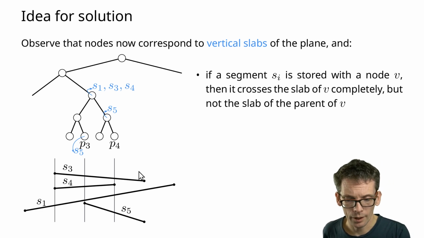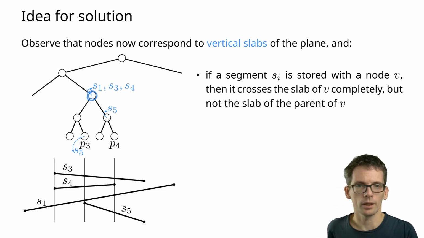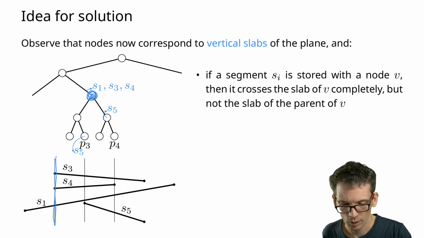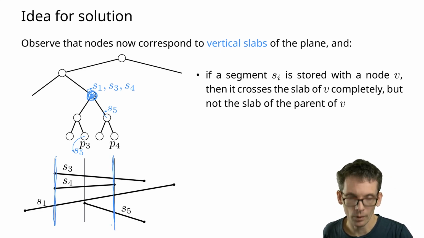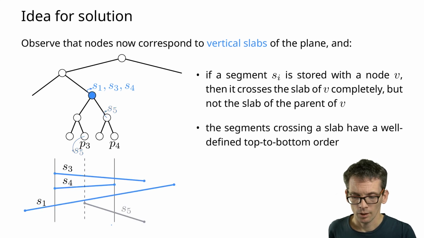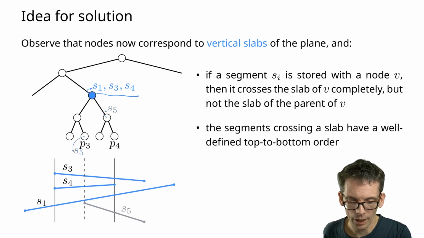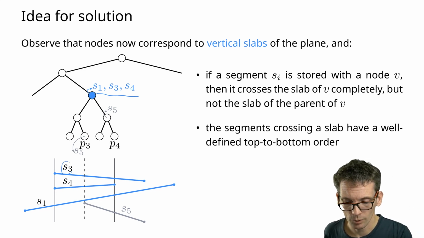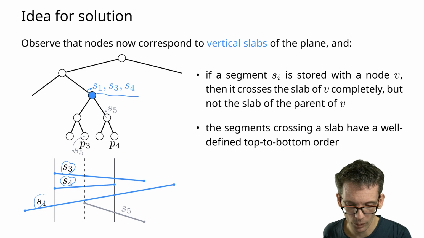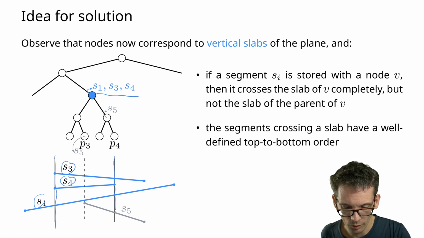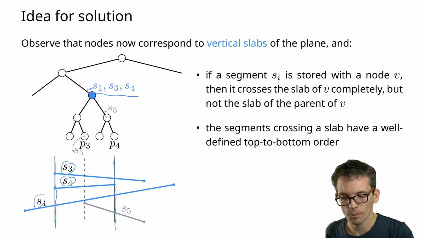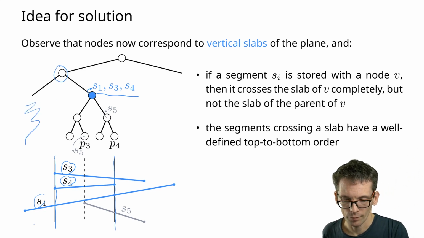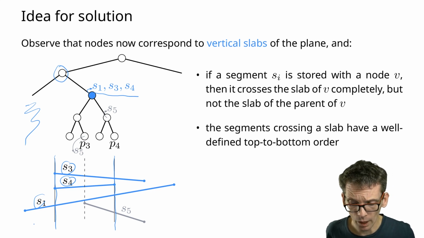If you look at this node here, and this node corresponds to this range here, then what I'm storing here are exactly the segments that completely cover this range. So that's S3, S4, S1. They completely go from here to here, and I cannot store them further up. So here I cannot store them here because this includes something that none of these completely cover.